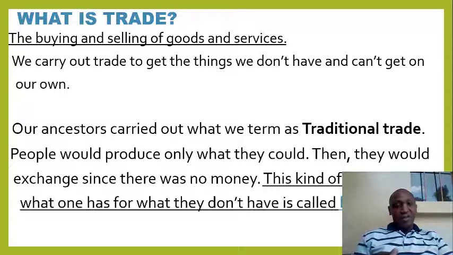That's right. If you said it with me, that's very nice. We already saw what they would exchange for what they don't have, not using money. As a matter of fact, barter trade is a trade that did not use money, but just exchange of item for item.